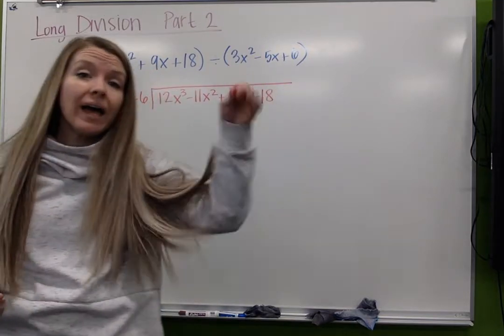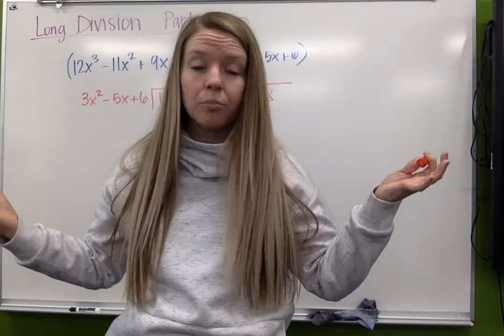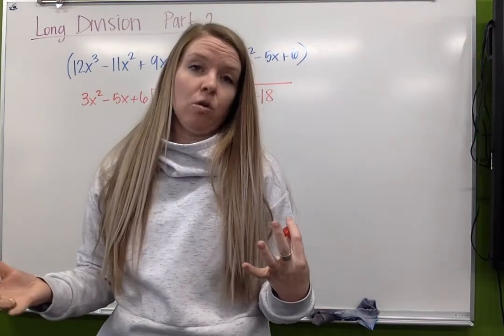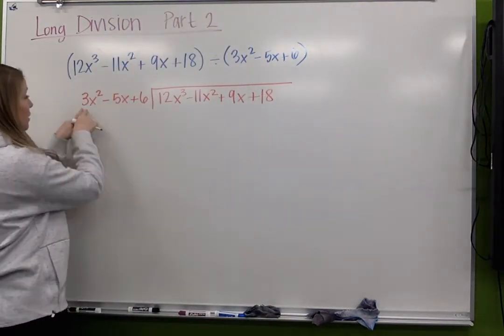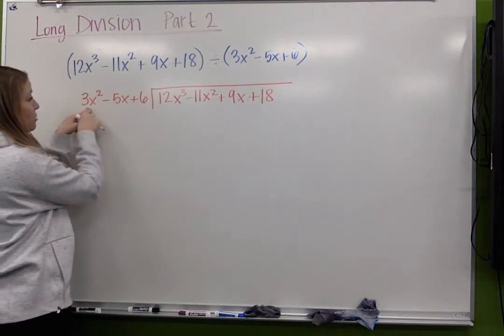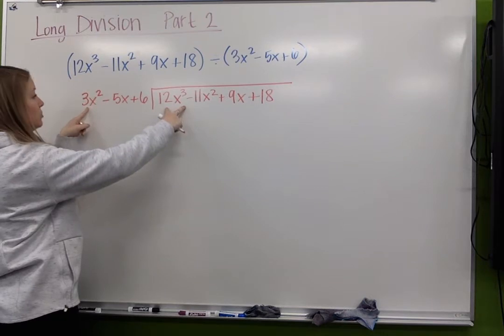Okay, if you want to, go ahead and just push pause right now and work through the problem. It really hasn't changed a whole lot. Come back and see how you did. So, I'm still going to ask, how do I get 3x squared to look like 12x cubed?